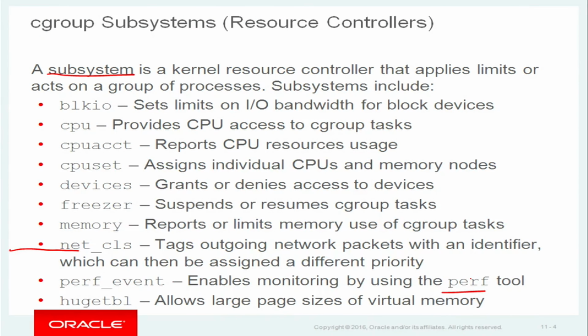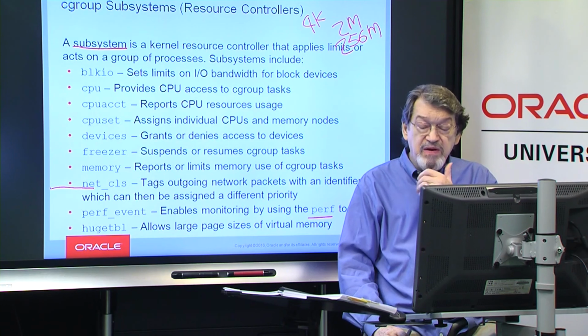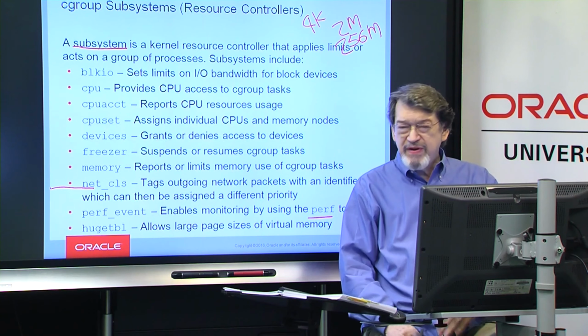All right. 4K goes to a low end of 2 meg, and then there's a high end of 256 meg.